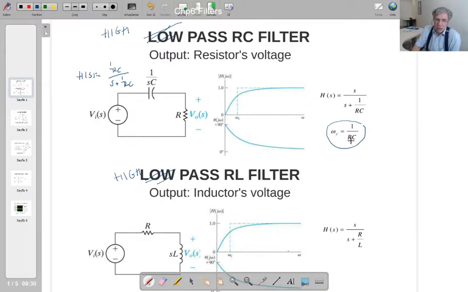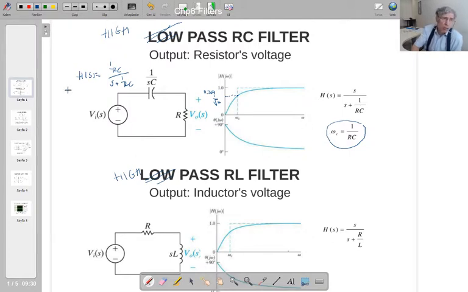So this is the cutoff frequency, that means the highest value is 1. At the cutoff frequency, the amplitude is going to be 1 over square root of 2, that is 0.707. And whether it is a low pass filter or a high pass filter, this cutoff frequency does not change.